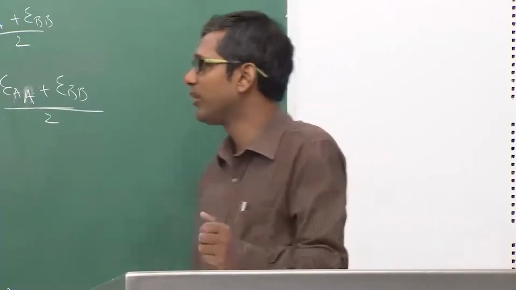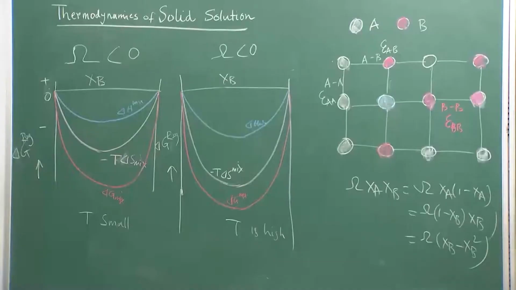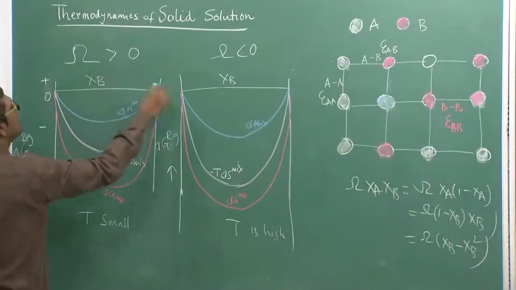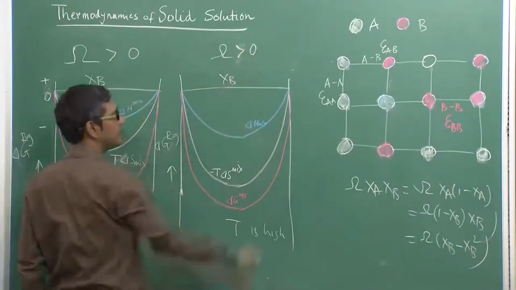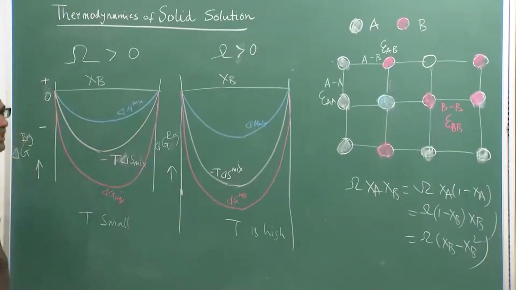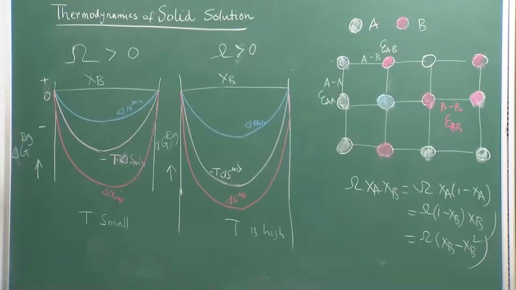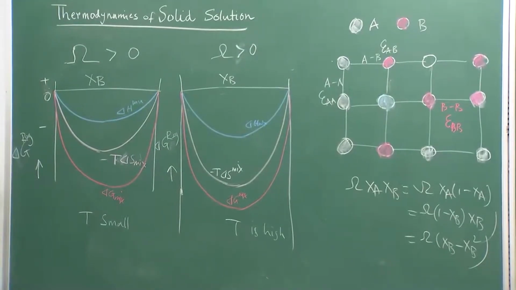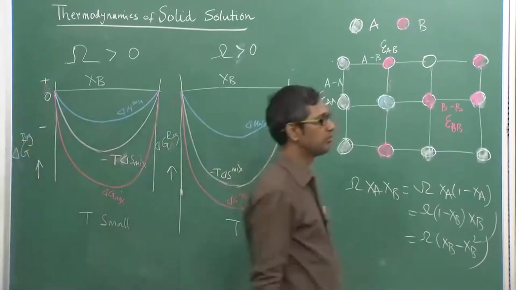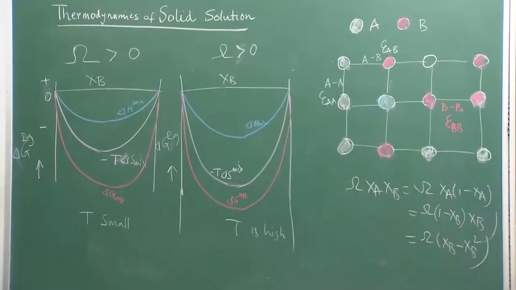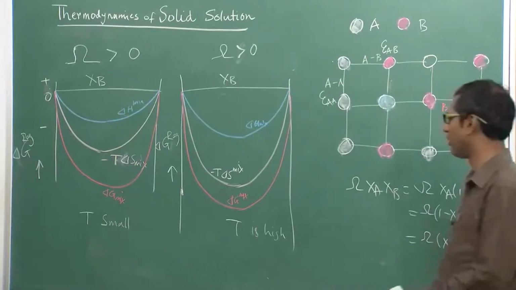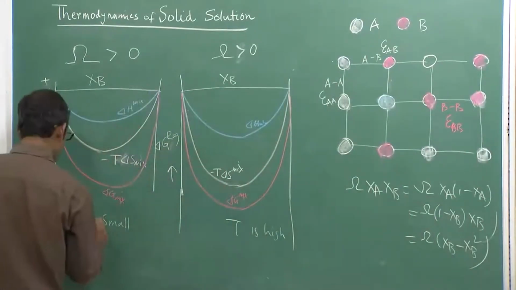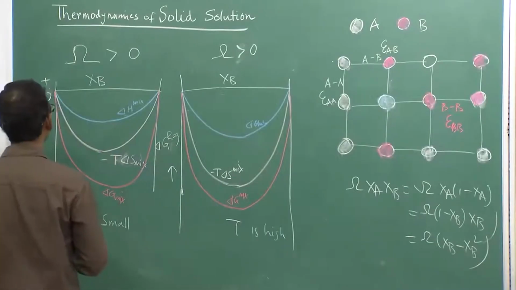So, now we are going to look at when omega is more than 0. Okay, that means it has a positive value. So, if that is the case, then what is going to happen? We are again going to discuss two cases, when temperature is high and temperature is small. If temperature is small, what will happen, and if temperature is high, what is going to happen?